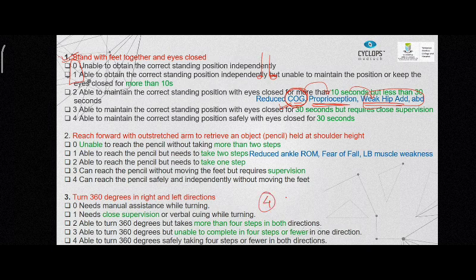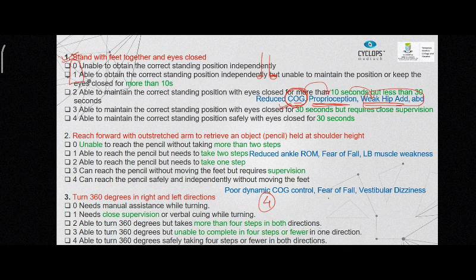Normally we take 2 or 2.5 steps. If a patient is able to take a 360-degree turn but unable to complete it in 4 steps or fewer in one direction, the score will be 3. And fourth, the patient is able to take a 360-degree turn in both directions by taking less than 4 steps.